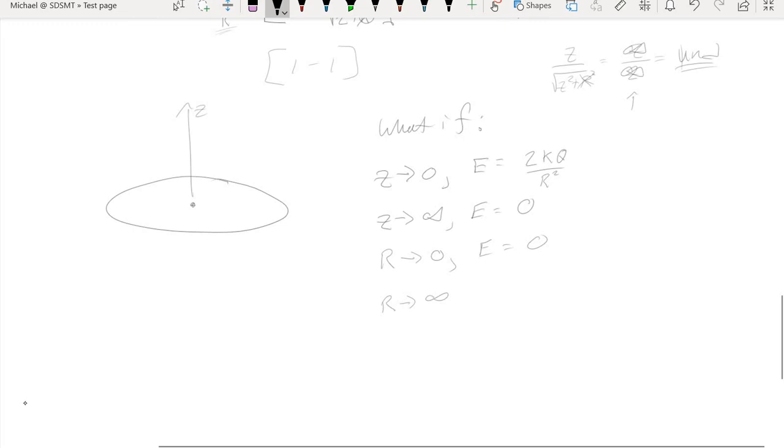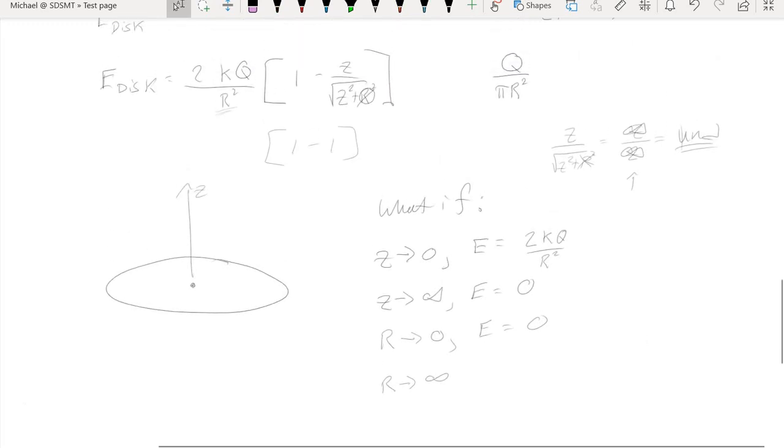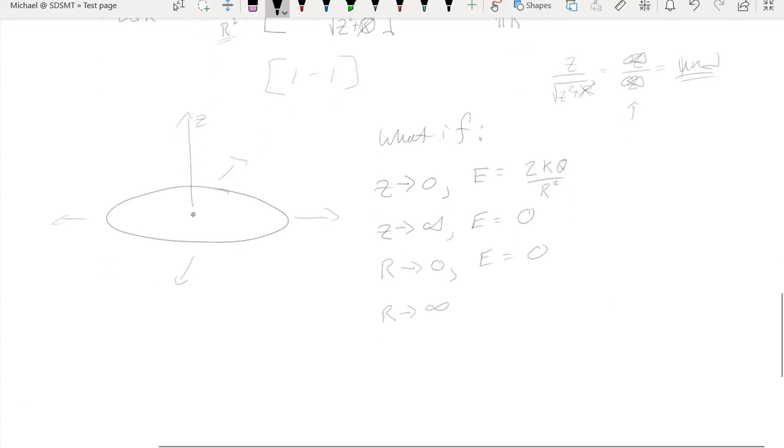Lastly, what would happen if you took your radius and you extended that out to infinity? So you're going to take your disk and you're going to stretch it out in all directions. Well, here's the big difference between the disk and the ring.